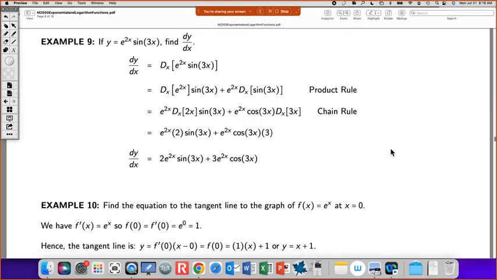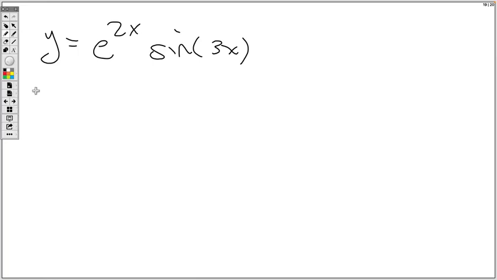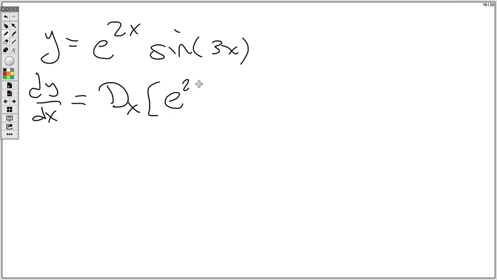So they ask us to find dy dx. Dy dx, remember, is just another way for them to ask for the derivative with respect to x. What rule do we have to use there?